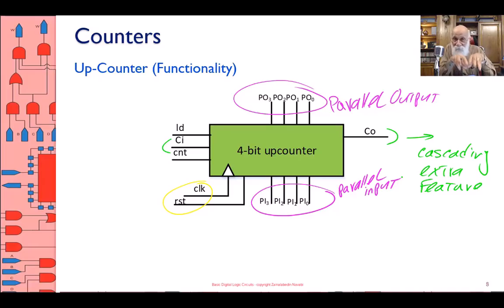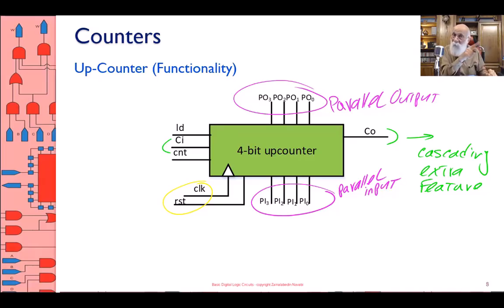Other than this unit that you are seeing here, other than it counting up from 5 to 6 to 7 to 8 to whatever, anytime you decide that you don't want to count, you just want to load it with one data, let's say you load it with 11, and then you like your counter to go up from 11. So you do have this feature, the parallel load feature, the parallel inputs that can be loaded into the counter.